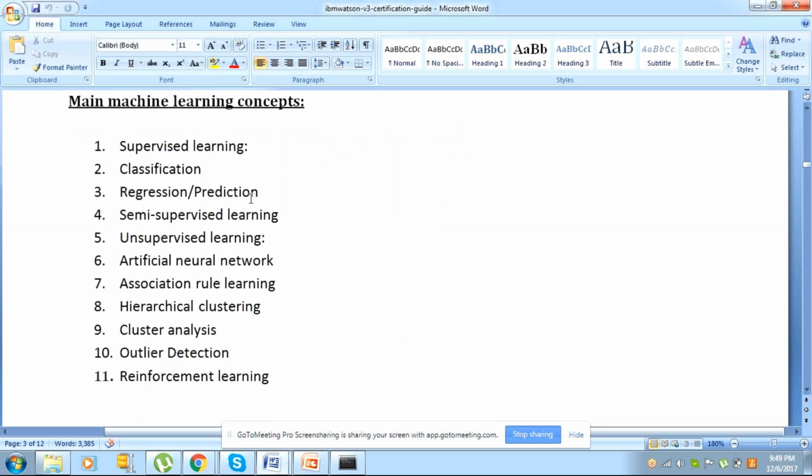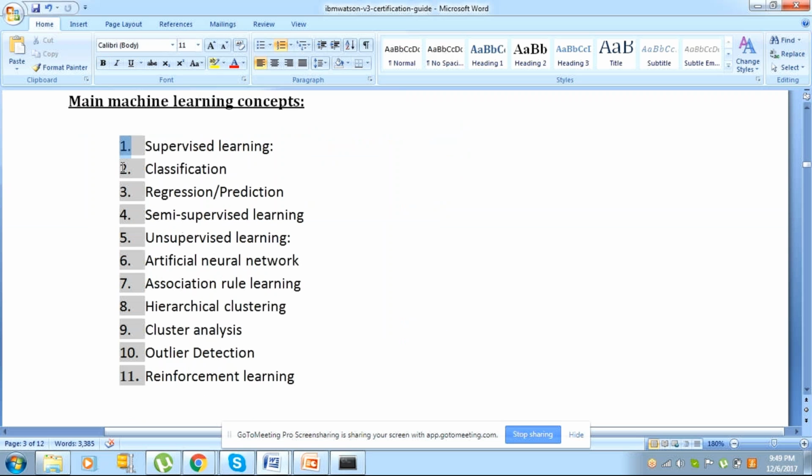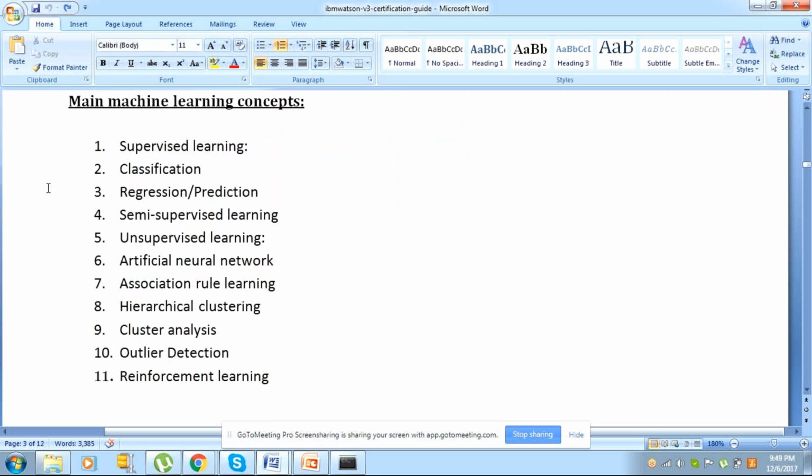Maybe we don't require the implementations, like if you work in Python, how to make a program like a data scientist. That is not required here, because Watson does a lot of the data scientist's work by itself. So here we require the concepts of each. These are all machine learning concepts: supervised, classification, regression, and these all come under the categories of supervised or unsupervised learning.